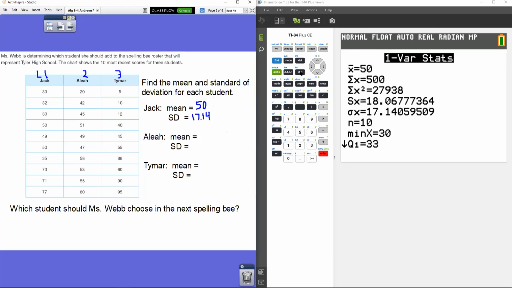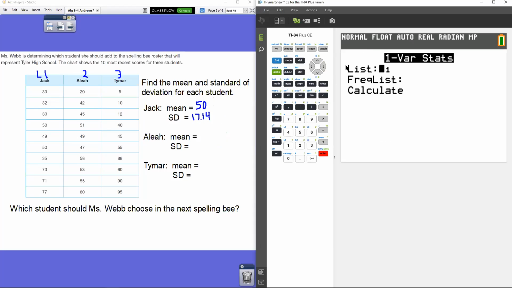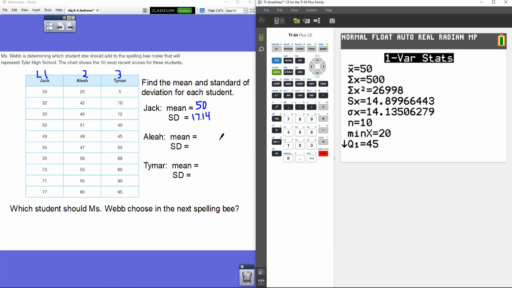We need to do the same thing for Aaliyah. So I typed Aaliyah's data into L2. So instead of L1 here, I want to choose second L2 and then calculate. So for Aaliyah, I got a mean of 50 and a standard deviation of about 14.13.